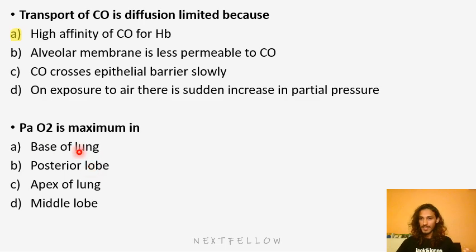Ultimately, because of that, the PO2 is going to be a little higher in the apex compared to the base. So this is basically what they're asking. If you understood that whole thing I explained earlier, you might understand what I'm talking about. So the answer here is going to be apex of lung.